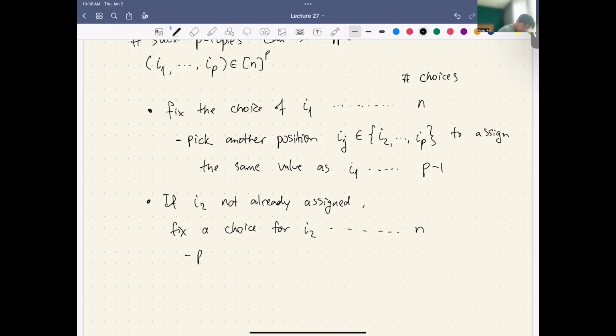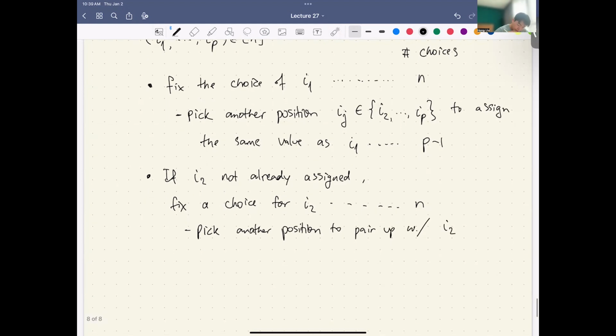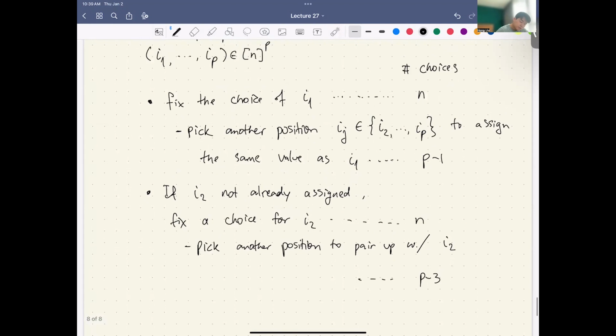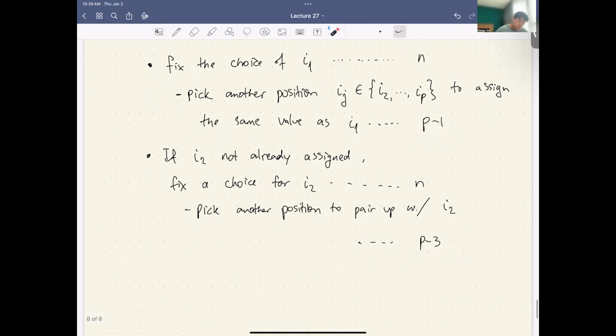Pick another position to pair up with I2. And the number of such choices is P minus 3 now, because 3 things get kicked out: I1's pairing and I2. So you have P minus 3 choices. Then carry on, dot, dot, dot.